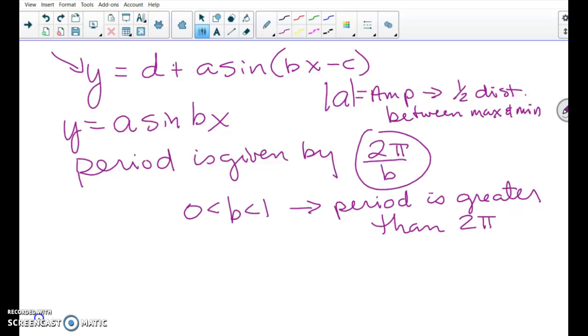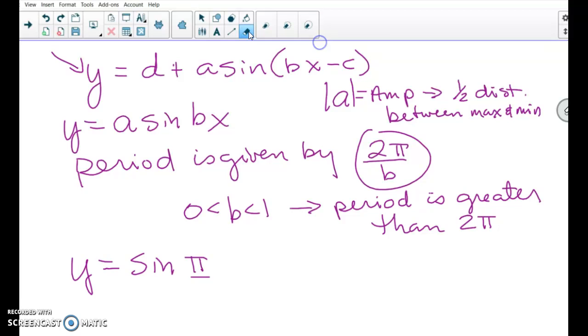So let's look at example 2. We see y equals sine of x halves. We're going to graph this by hand. We were just given this equation, 2 pi over b, and we can see our b value in this equation is 1/2.